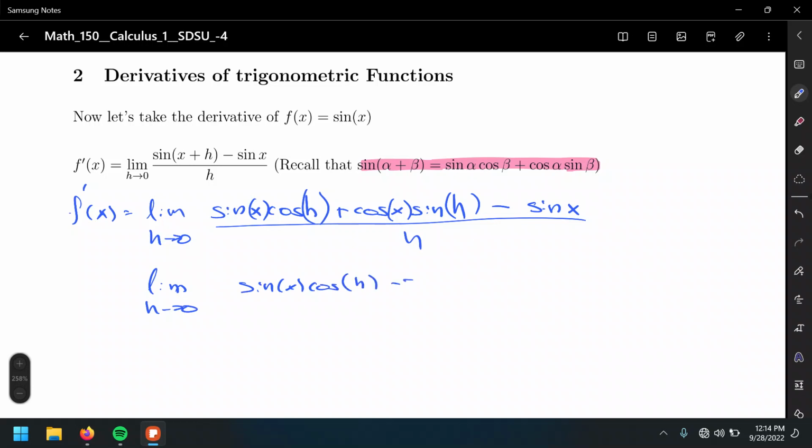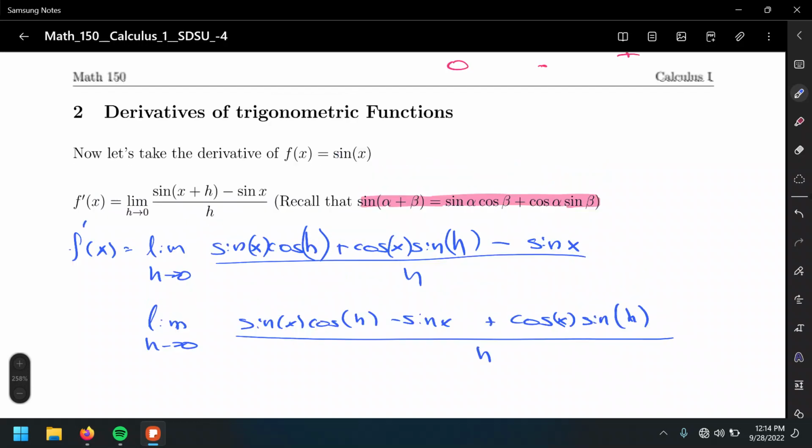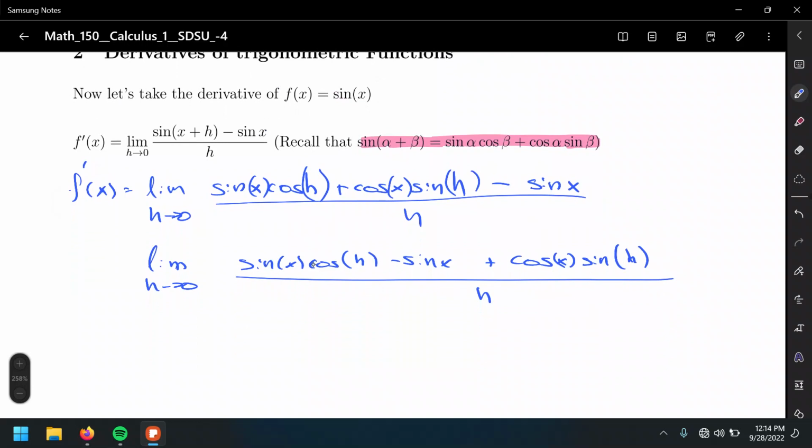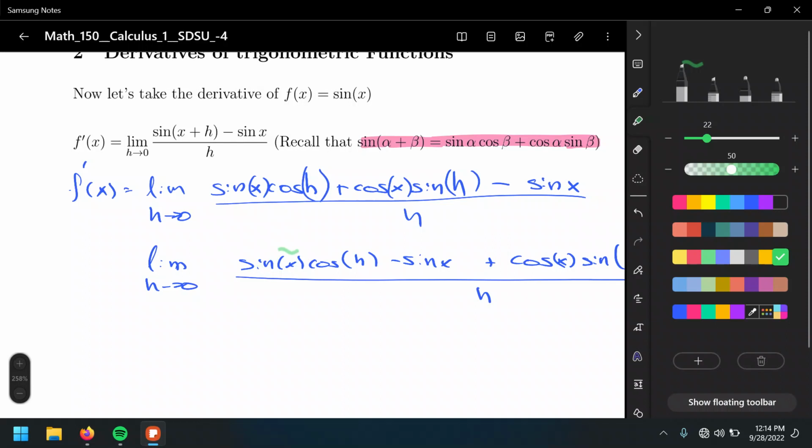I'm going to put this minus sign together with the first term, and then plus cosine x sine h, and over h. So what do we have in here? We can factor out sine x.